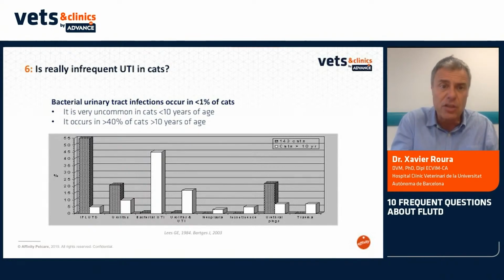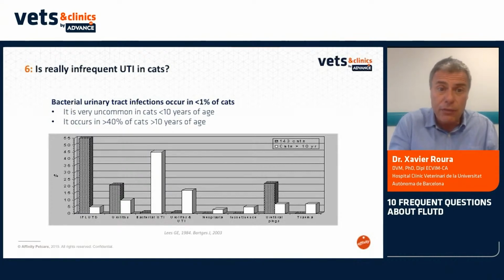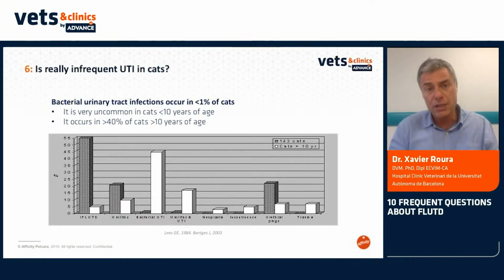In fact, in several descriptions, all the old studies say that young cats more probably have idiopathic cystitis, and young cats in general have very low infection rates compared with older cats, cats of 10 years of age or more. So infection looks frequent in old cats, infrequent in young cats.